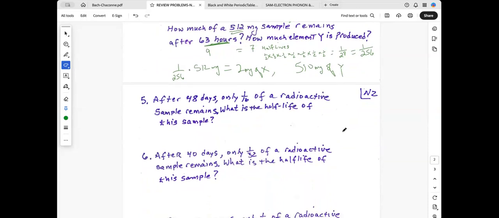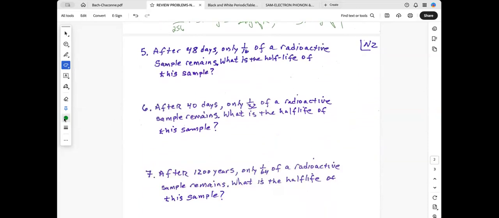All right, now I'm doing the other type of problem, where we want to find the half-life. After 48 days, only 1/16 remains. So 1/16 means it decayed in half 4 times: a half times a half times a half times a half.